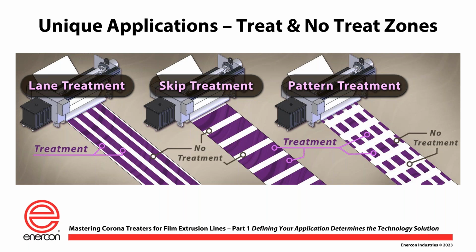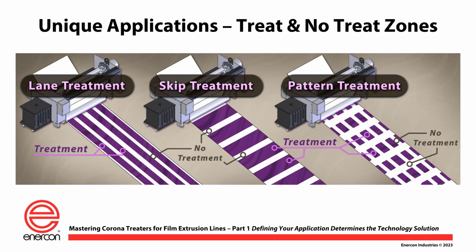Basically, you can engage or disengage a treat lane every 1/2 inch across that 2-meter width, okay? Think about that for a minute. What that means is you could lane treat. Like in the illustration here, we could have lanes of active treat width alongside lanes with zero treat. That's one method.